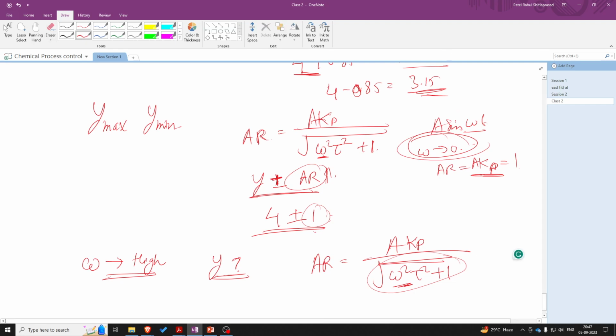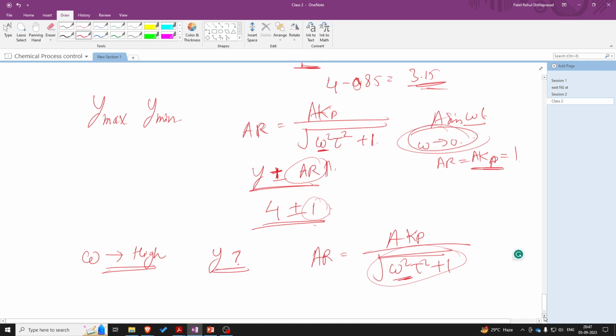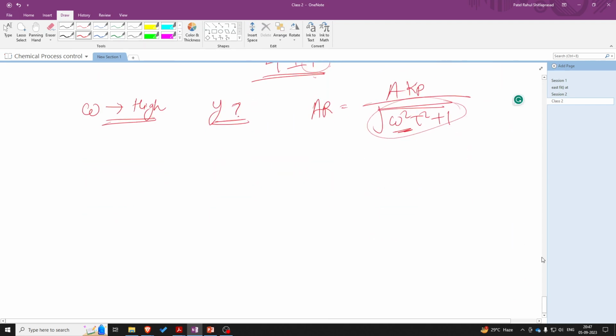So let's just put the value in this equation. If omega is equal to 0.2, that is, frequency is equal to 0.2 cycles per second, then omega will become 6.28 into 0.2, then omega into tau will become 6.28 into 0.2 into 50, then this square will become a bigger value.